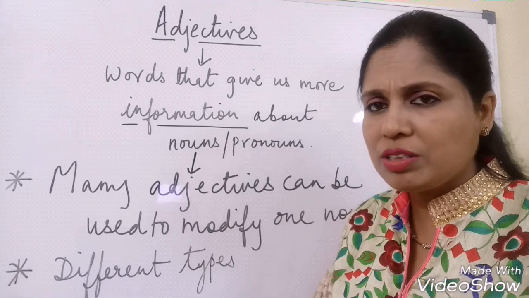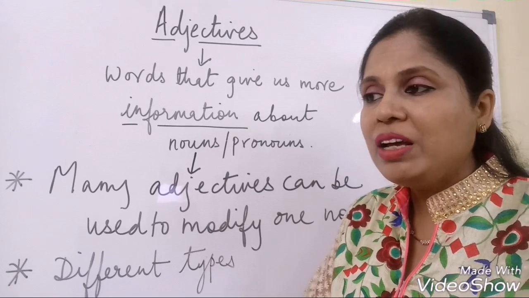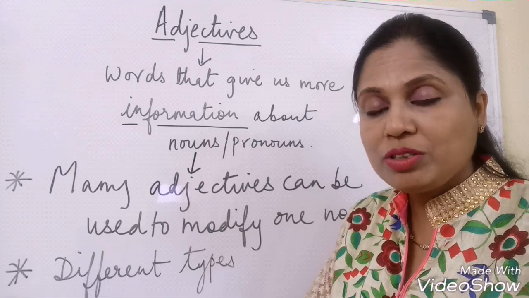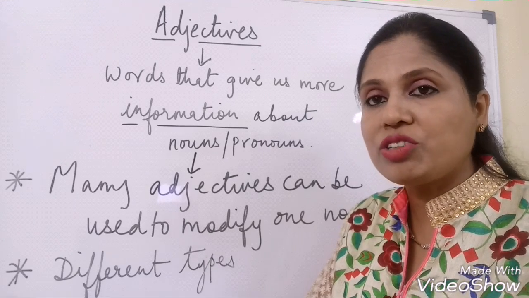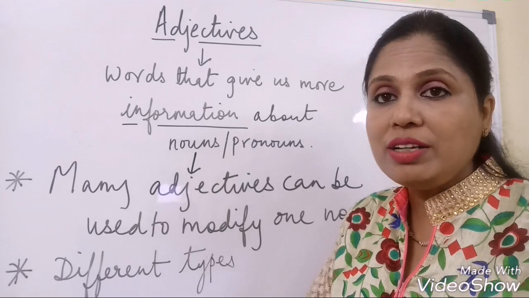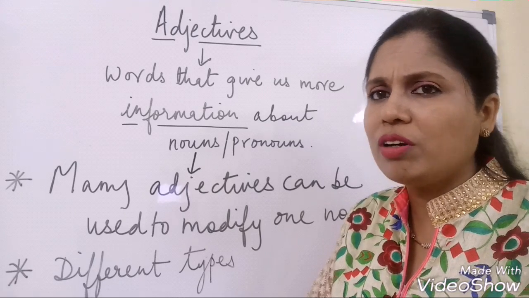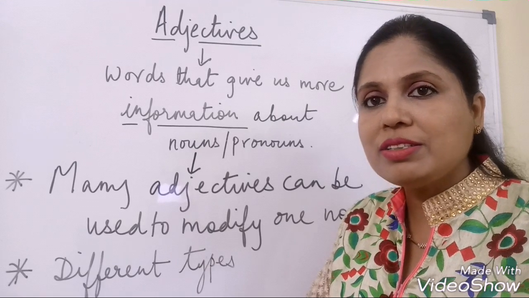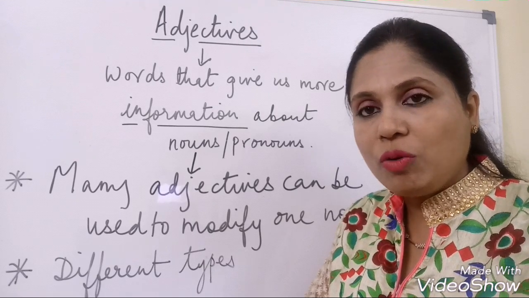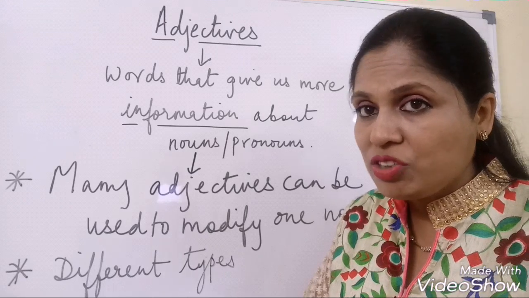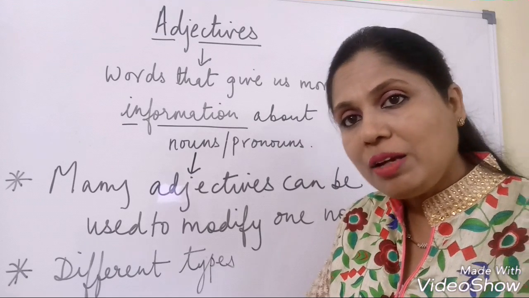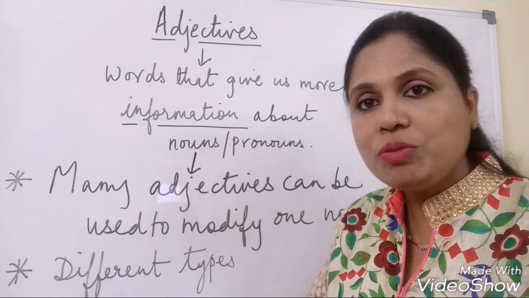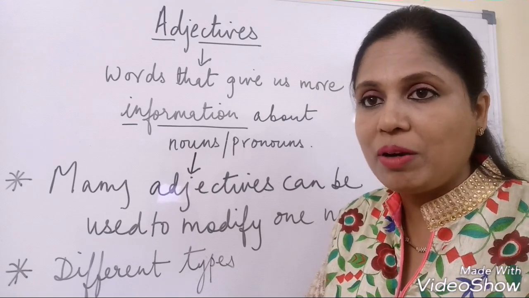I'll just give a small example as of now. This is an old metallic frame. So the word old is an adjective of quality, whereas the word metallic, or simply put just metal, this is a metal frame, is actually a noun which has been used as an adjective. So I can make use of different types of adjectives to modify the same noun.